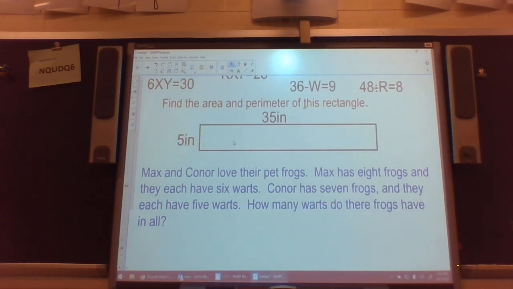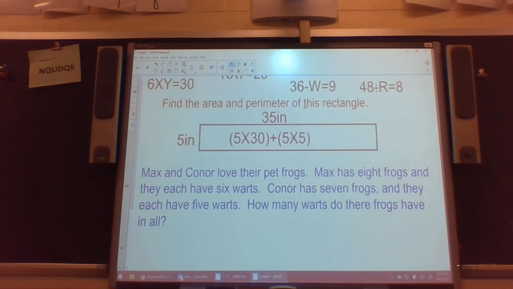So I'm going to break this into 5 times 30 plus 5 times 5. So I broke it into 5 times 30 plus 5 times 5.